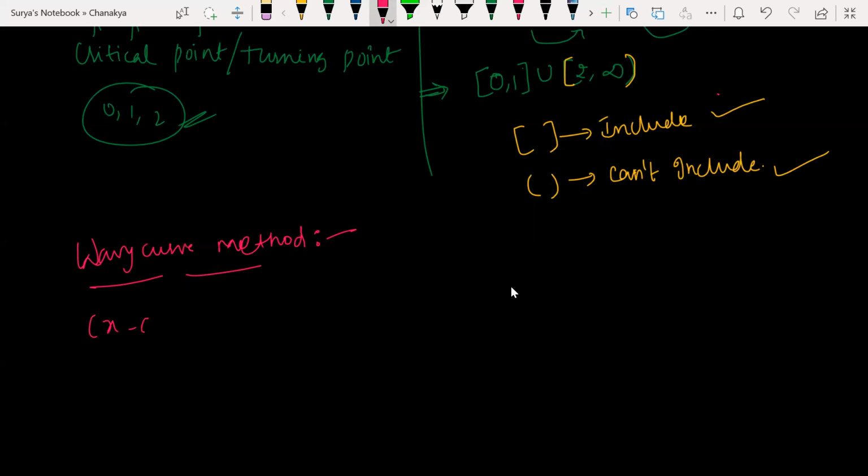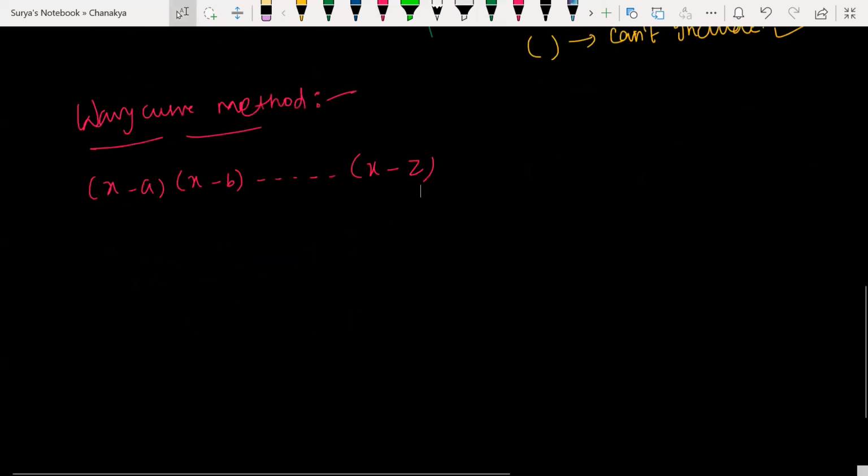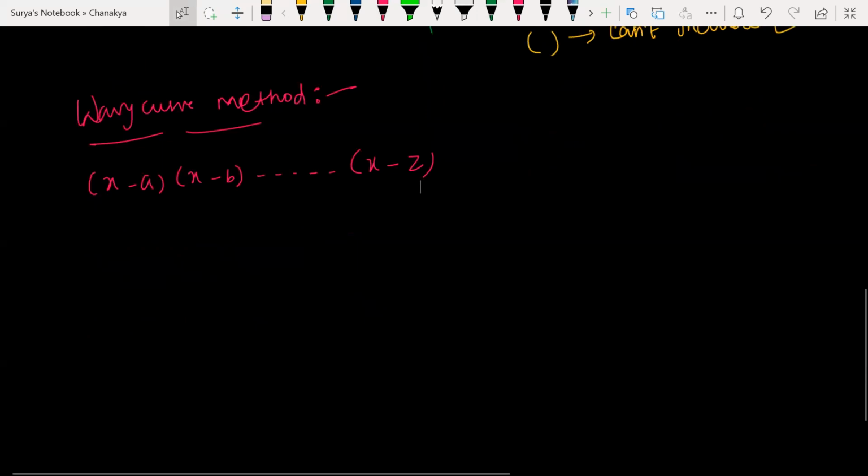Let's say x minus 1. By the Wavy method, what happens?